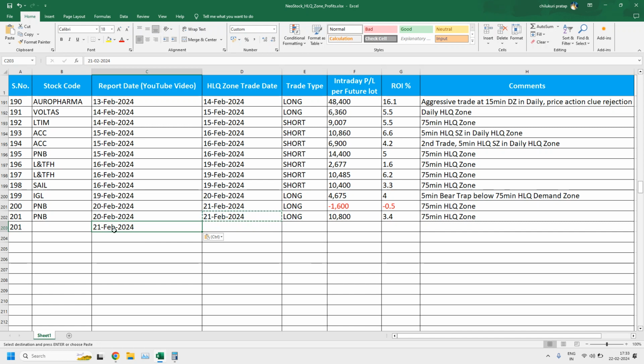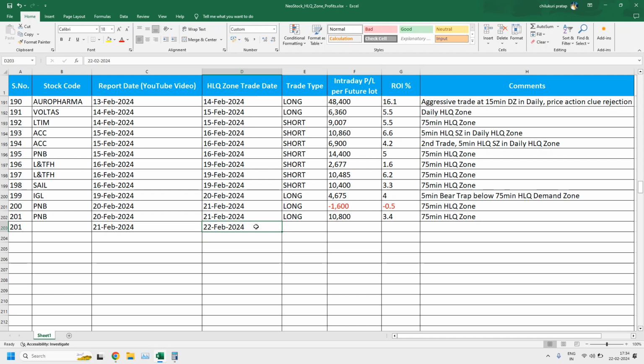Yesterday we identified this high liquidity zone. And today in this high liquidity zone we got a trade. What is today's date? 22. So this is yesterday's generated report and today our HLQ trade date. HLQ trade date means it's not my trade. It is the software opportunity, whatever it has given, that opportunity is executed today.